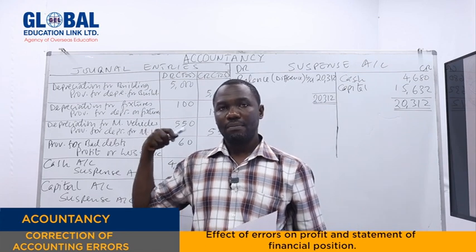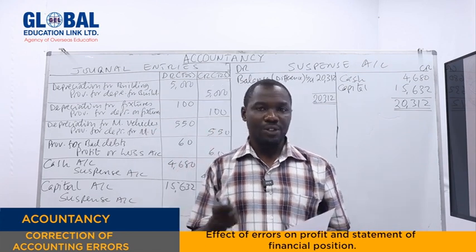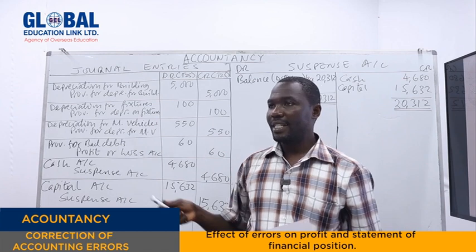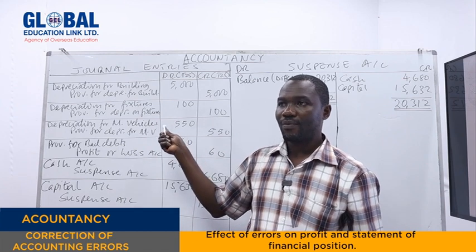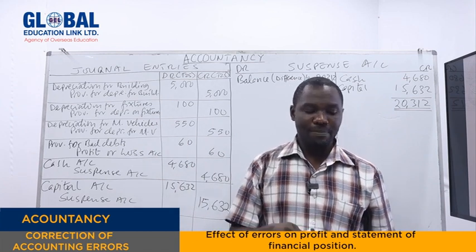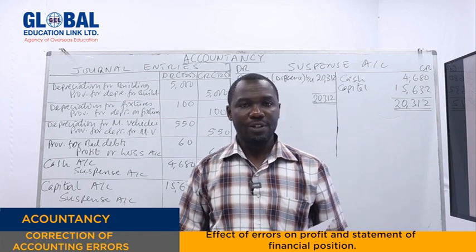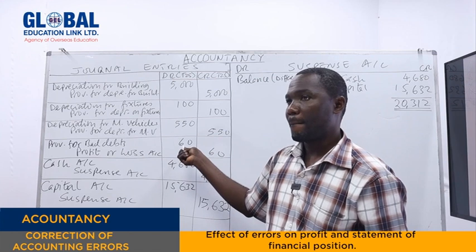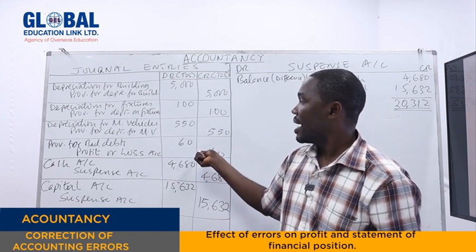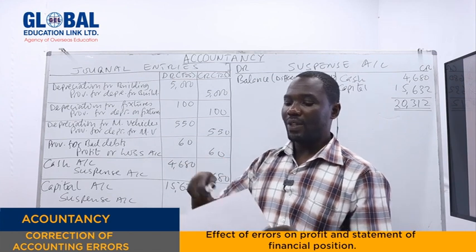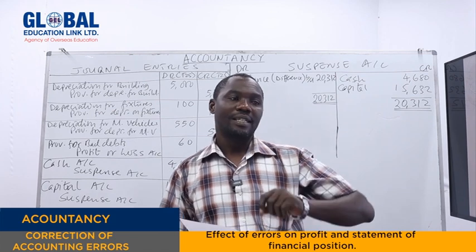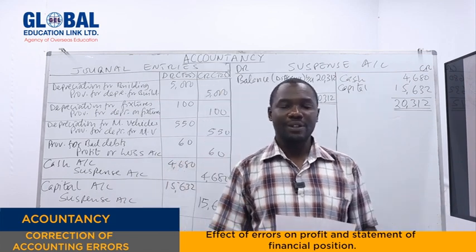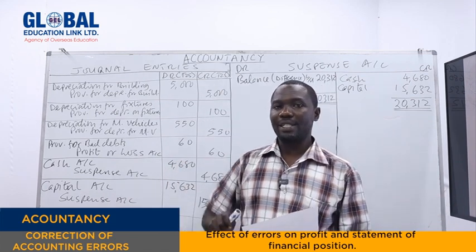This is a big problem again to most of students. You find that they are correcting properly the errors, but in drafting the statement of corrected net profit, they get it wrong. Why? Because they go back to the question and typically confuse the question.